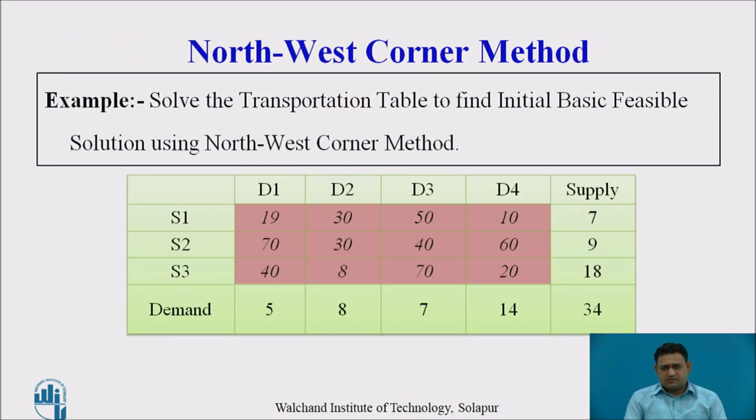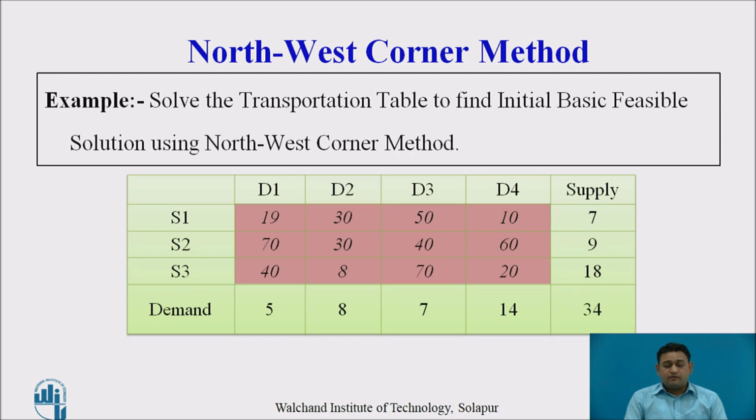This is a simple transportation problem in the linear programming format. Here, the sources and destinations are defined, and the supply and demand are also given. The first step is to confirm whether the given problem is a balanced or an unbalanced transportation problem.